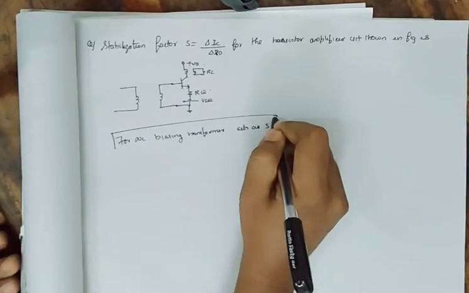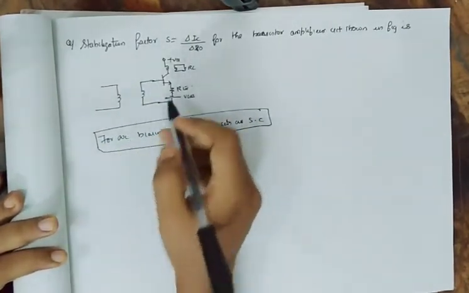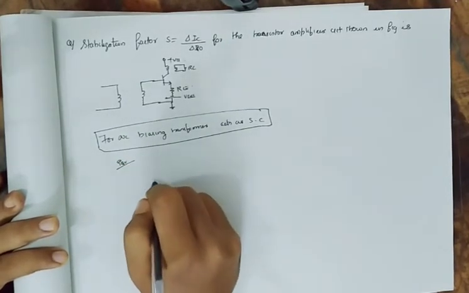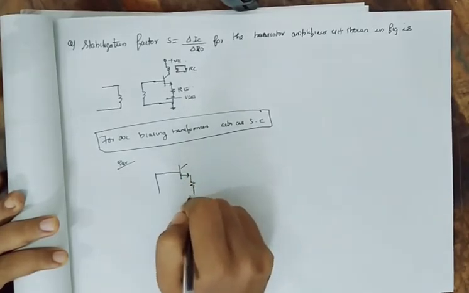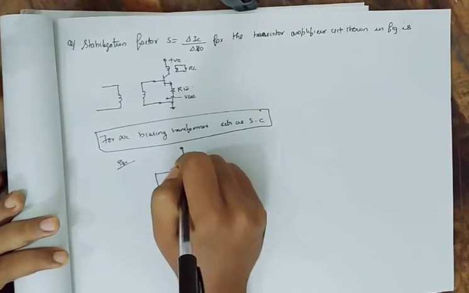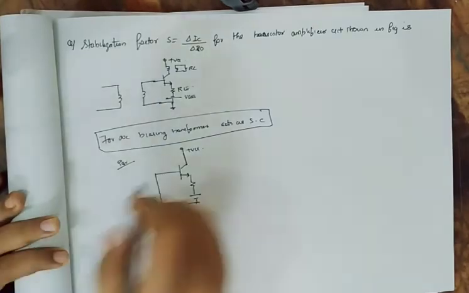Okay, please keep this in mind. For DC biasing, transformers act as short circuit. So the equivalent circuit will look like this. Okay, so this will be the equivalent circuit.